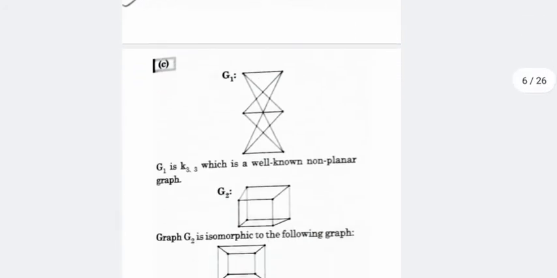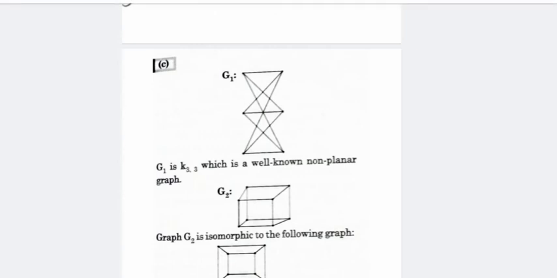Now come to another solution for this type of question. Here another solution is given like this. Here G1 is representing K3,3, which is a bipartite graph. On the basis of this bipartite graph, we know that it is a non-planar graph.